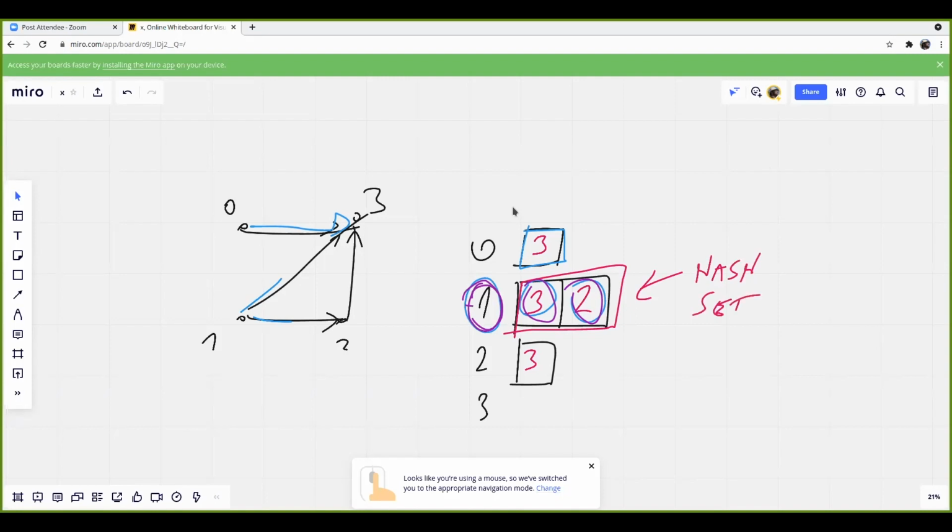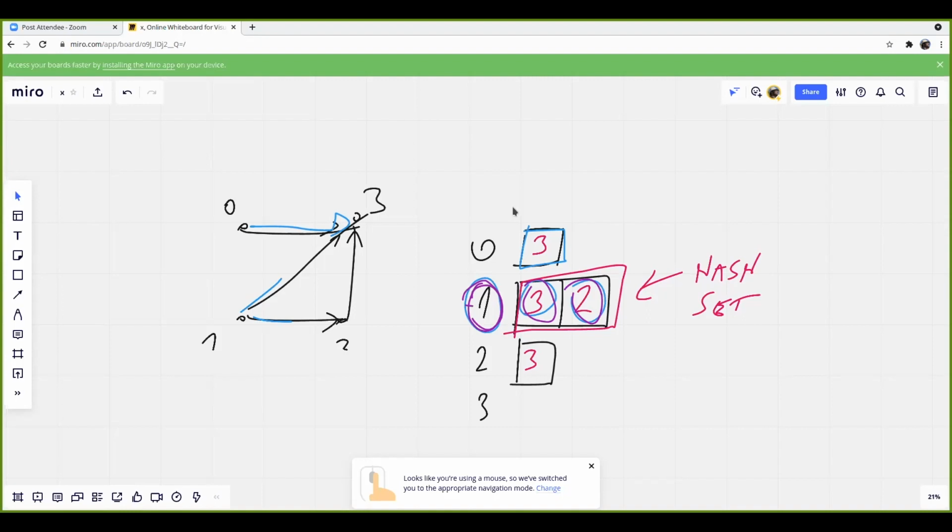Hash sets are something that is available in all modern programming languages for free, so you have them in standard libraries. And if you are storing the graph in this way, so for each vertex, you are storing a hash set of its neighbors, now you can do all of the operations efficiently.